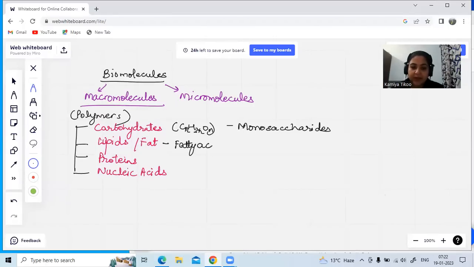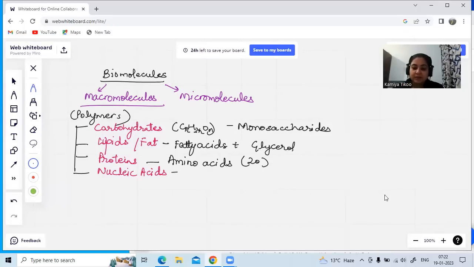They are made up of fatty acids plus glycerol, although they are not true polymers because the monomers in lipids are not directly connected to each other. Proteins are made up of amino acids. There are around 20 standard amino acids which connect to each other to form protein.